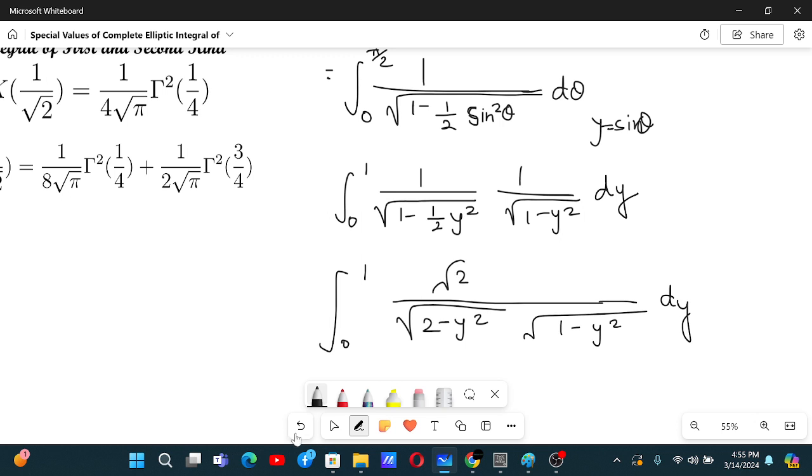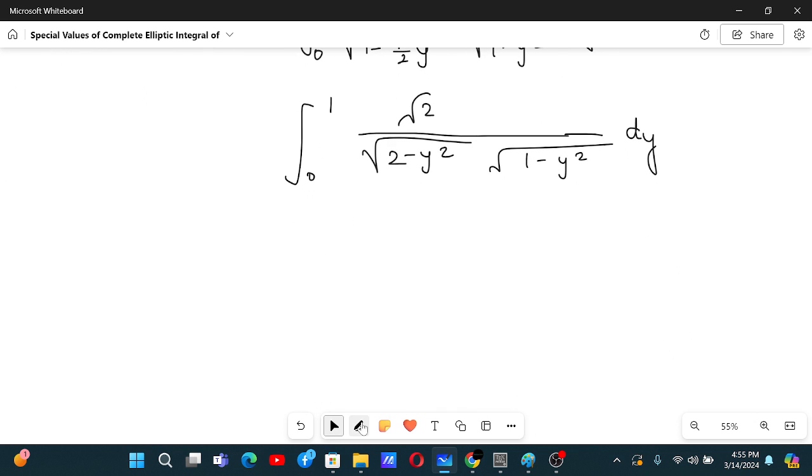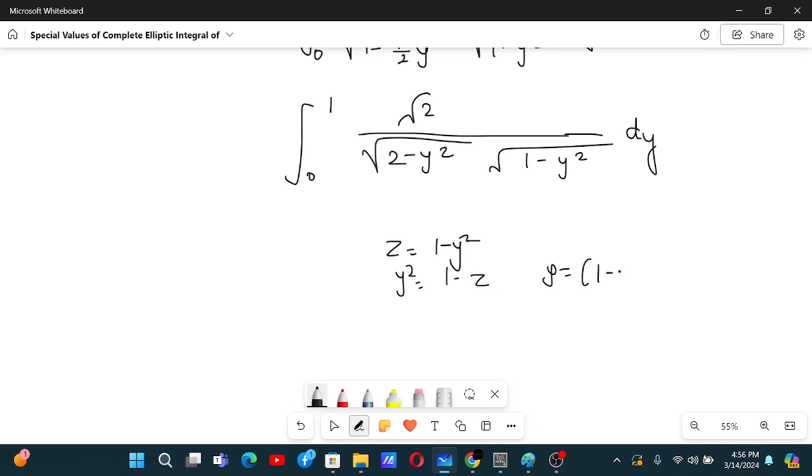Now to simplify this, what we can do is we can let g equal to 1 minus y square, because that will simplify this expression. This will be 1 minus something, and this will also be simplified, 1 minus something and something can be in terms of beta function. Now this gives us y square equals 1 minus g, y equals 1 minus g to the power 1 by 2, and this will be basically from 1 to 0.